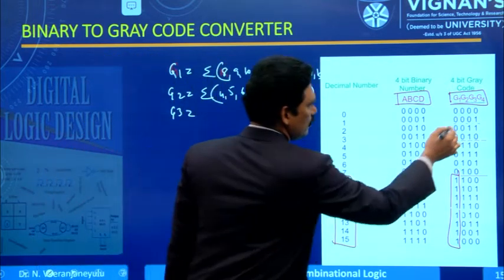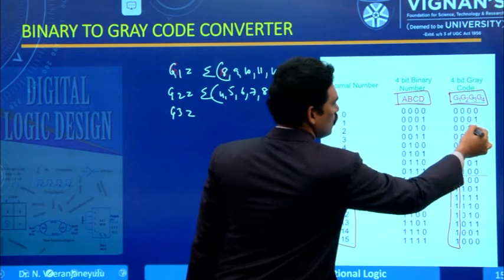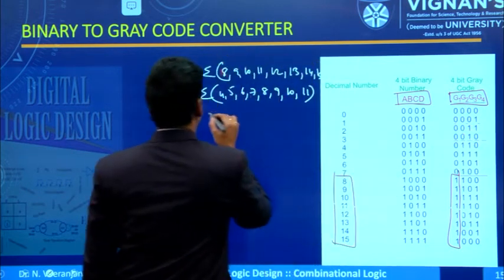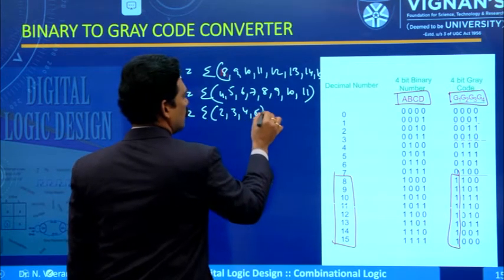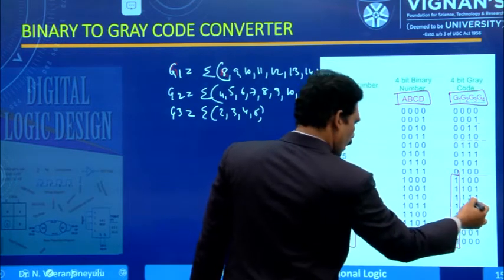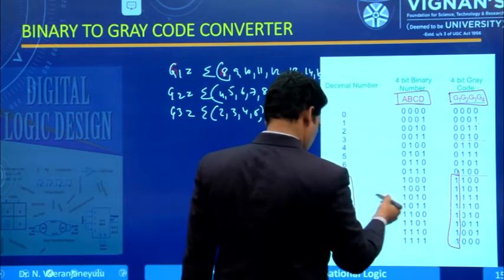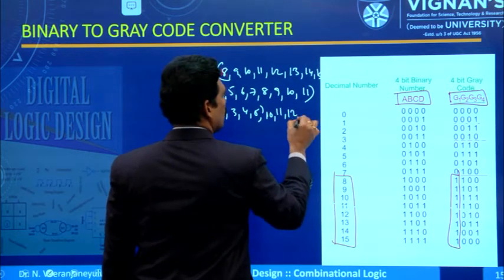G3 is equal to sigma 2, 3, 4, 5, 2, 3, 4, 5, 2, 3, 4, 5 and 10, 11, 12, 13.